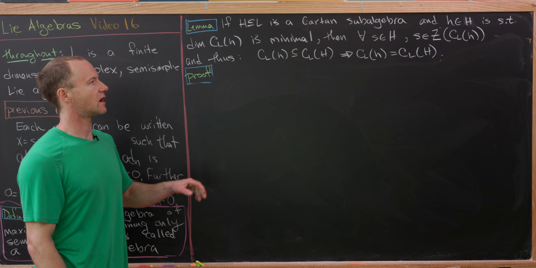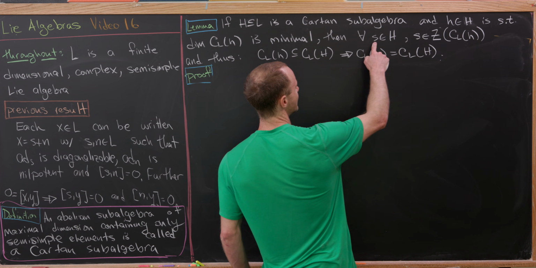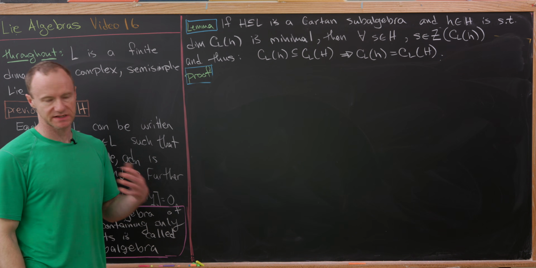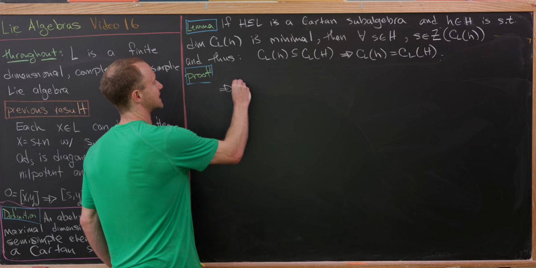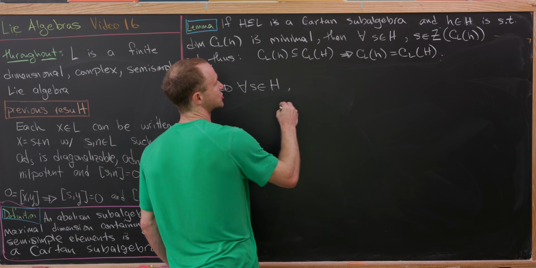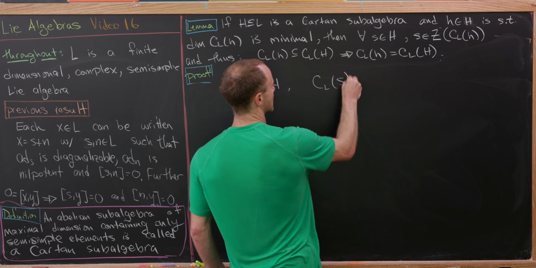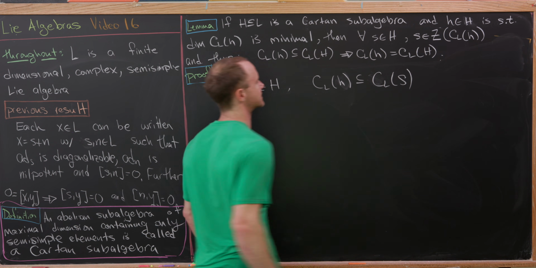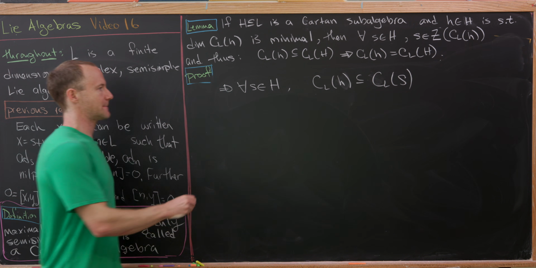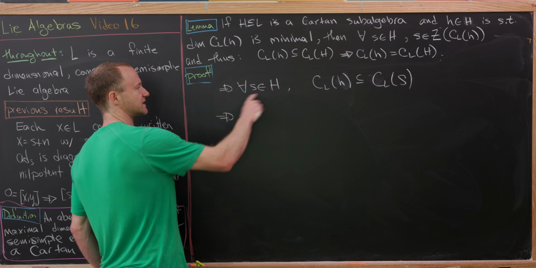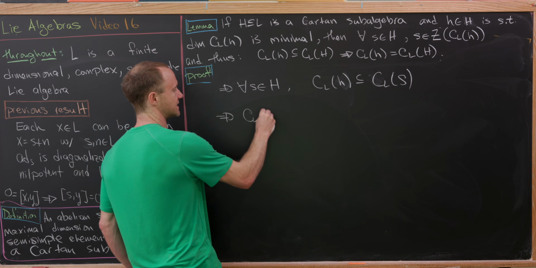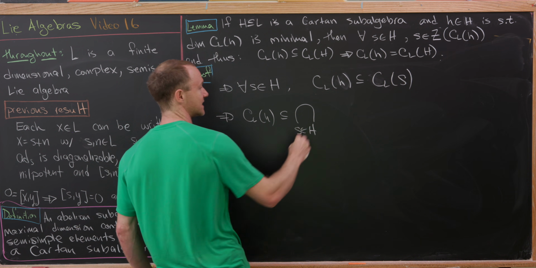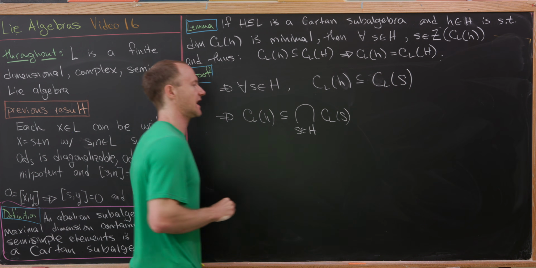So now to finish this off, we're going to notice that if every S in H commutes with everything from the center of the centralizer of little h, what that tells us is that for all S in H, the centralizer of little h is contained inside of the centralizer of S. Okay, but then we can just intersect using this for all statement to get that the centralizer of little h is contained inside of the intersection over all S in H of the centralizer of little s.